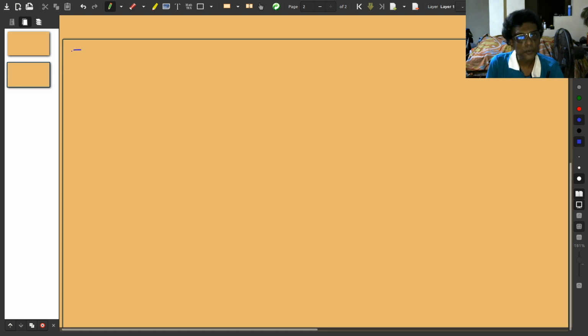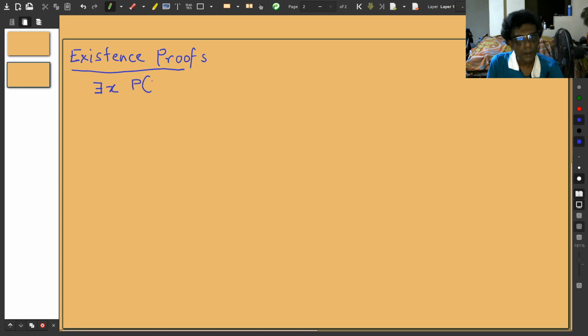Then, we will do something like existence proofs. So, these typically involve proving assertions like this: there exists x such that Px happens, or for all x there exists y such that Pxy happens.